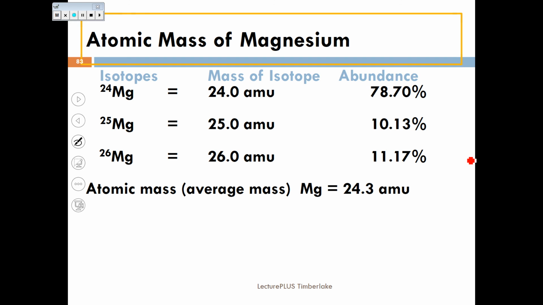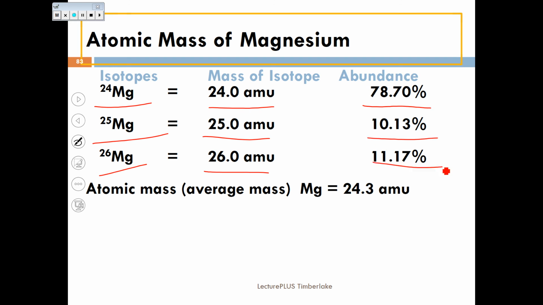Let's take a look at how to calculate the average atomic mass of magnesium. So you have 3 isotopes of magnesium: magnesium 24, magnesium 25, and magnesium 26. So the masses are 24, 25, and 26. Their relative abundances are 78.7%, 10.13%, and 11.17%.